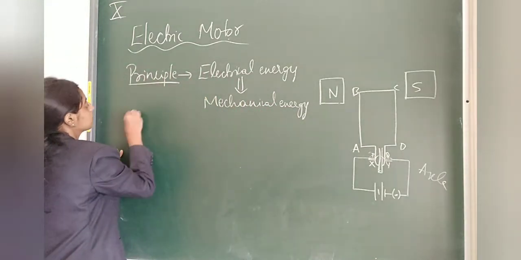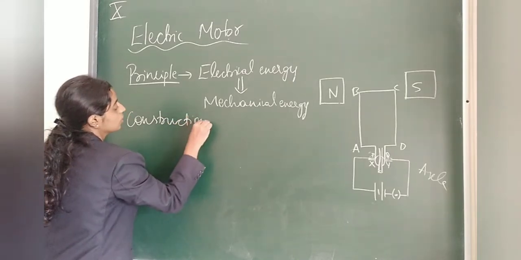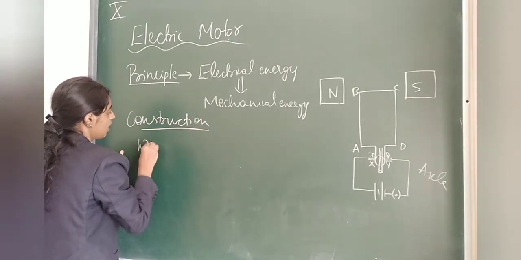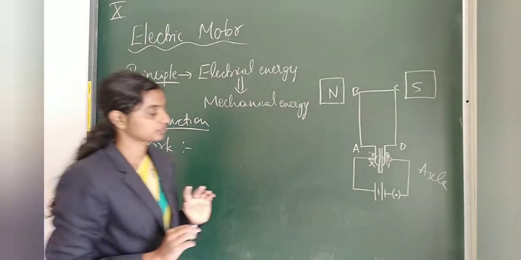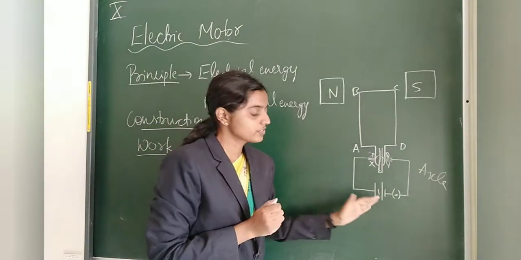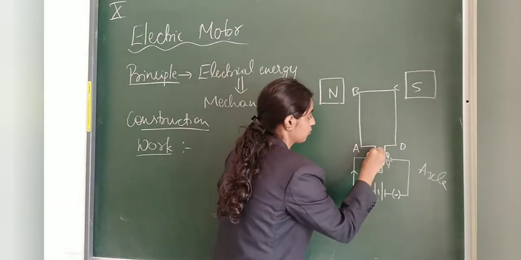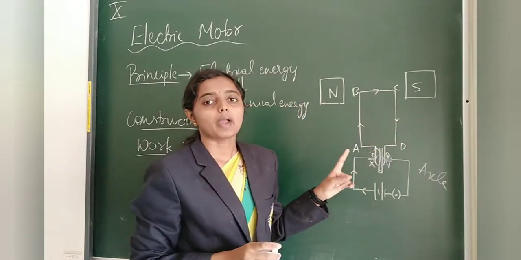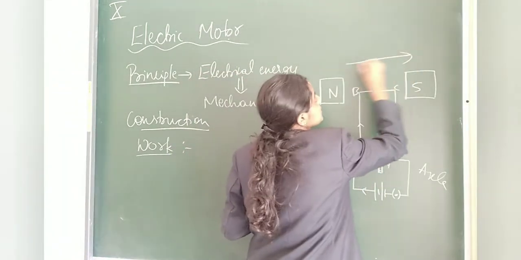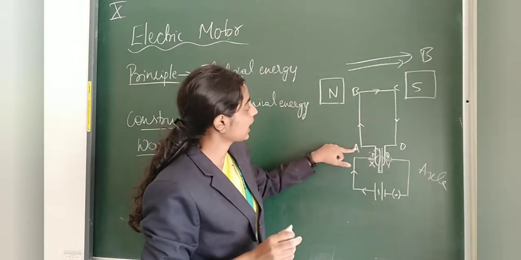Now we finished the principle and the construction. Now let us see how it works. This is the working part. When you switch on the current, the current starts to flow from here to here, and the magnetic field flows from this direction. Now take a look.